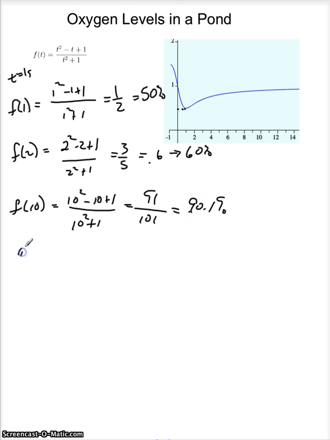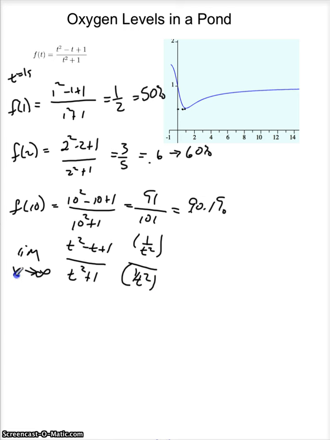Let's look at the limit as t approaches infinity of my function, t squared minus t plus 1 divided by t squared plus 1. Now let me divide by the largest power. I'm going to multiply by 1 over t squared, numerator and denominator.